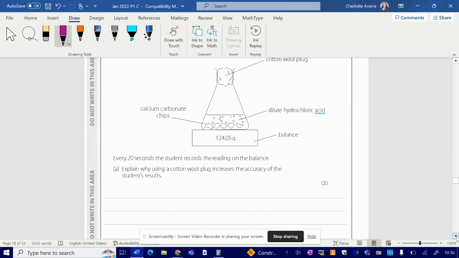The cotton wool plug is there to stop any acid from splashing out of the conical flask, because as it reacts there's quite a lot of fizzing. It's possible that some of it might, tiny little drops, be splashed out of the balance, which is not going to give us accurate results.